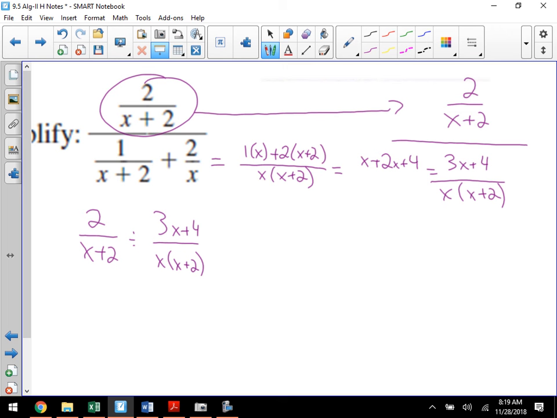When I write that step, can I just go ahead and flip it right away? If you want to rewrite it so you don't accidentally flip the wrong part, by all means. And this just starts to combine a little bit of what you did yesterday and what we're doing today.